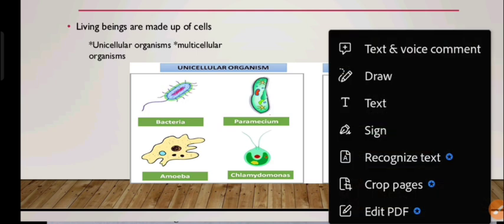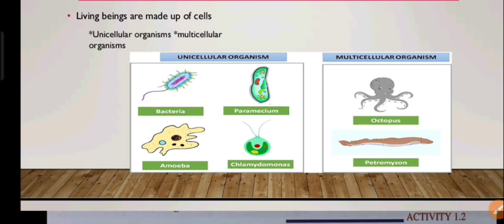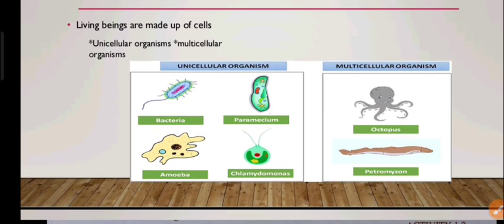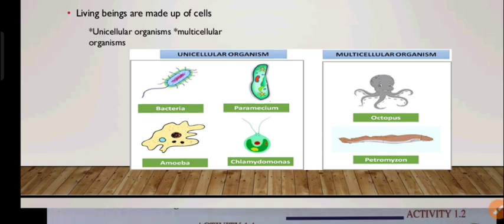Also, the cell is the building block of life, because without cells we can't imagine any organism. For example, to build a house we need bricks; like that, the cell is the building block of life.